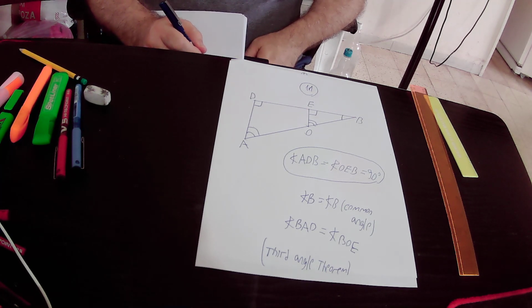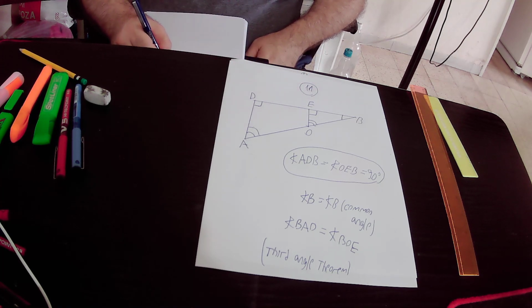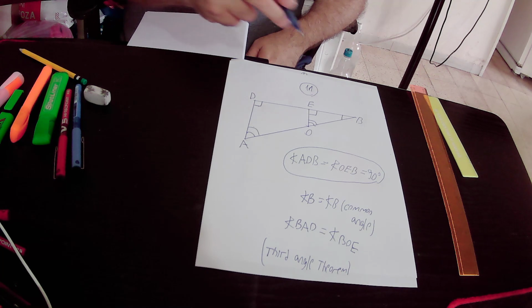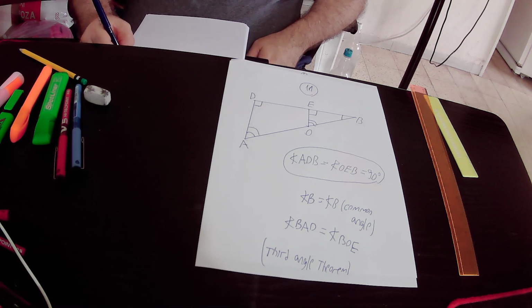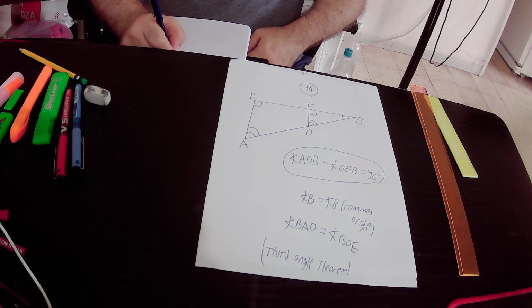Therefore, the big triangle, triangle ADB, is similar to the small triangle, triangle EOB, according to angle rule.